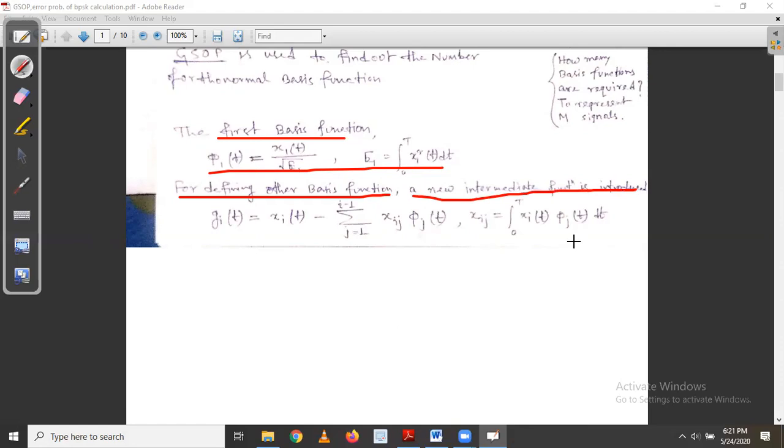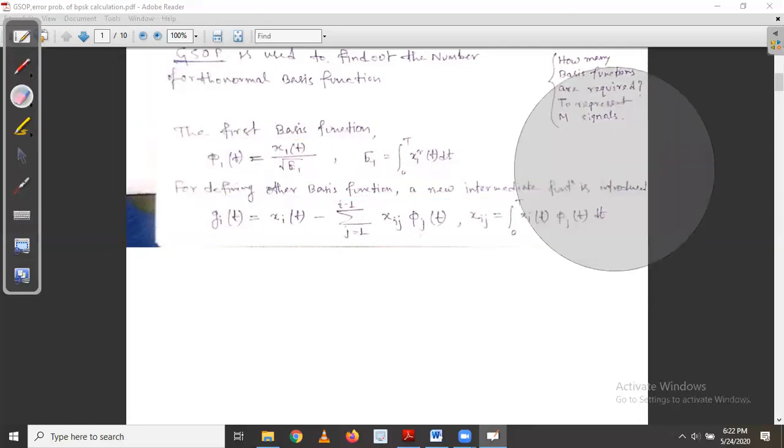Try to understand very clearly. It's not a tough one, but it's a lengthy one, and you have to remember some steps. We will solve one numerical just now, so it will be much more clear to you.